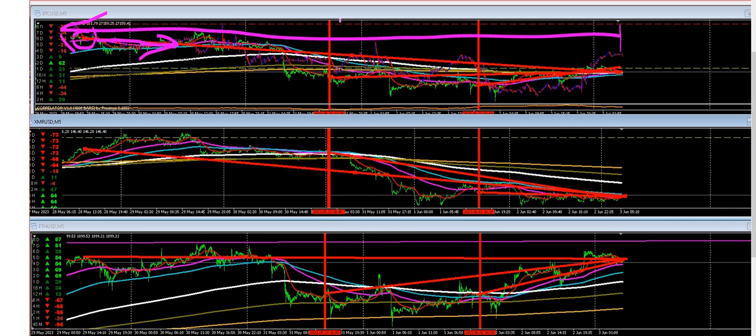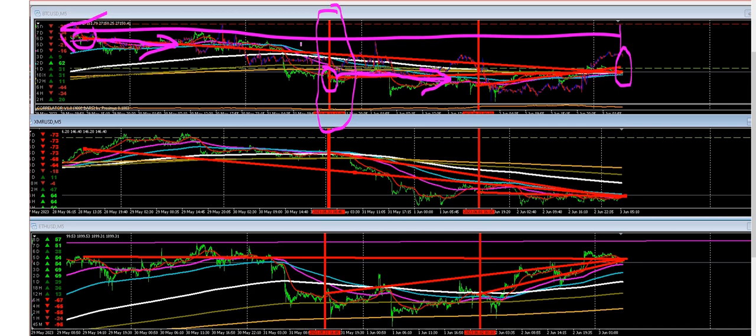Then we divide it in half, divide the fractal up, and we get another one here, and we draw that to where the current price is again.